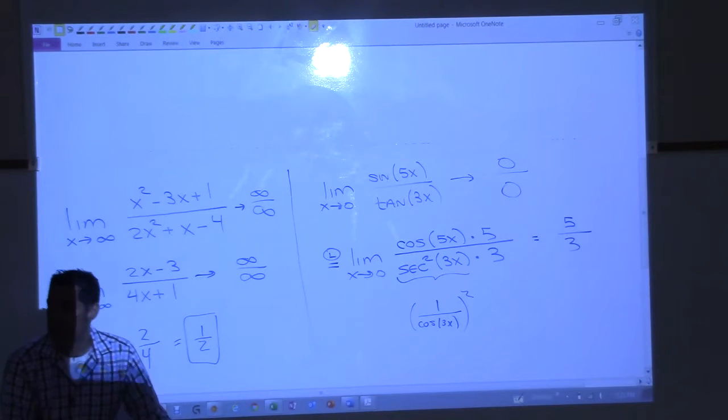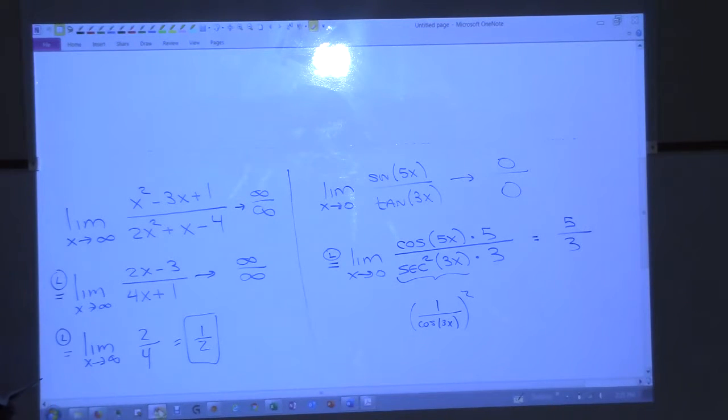Yeah, okay, so it says it in the book. L'Hopital's rule is named after French nobleman Marquis de L'Hopital, 1661 through 1704, but was discovered by Swiss mathematician John Bernoulli.